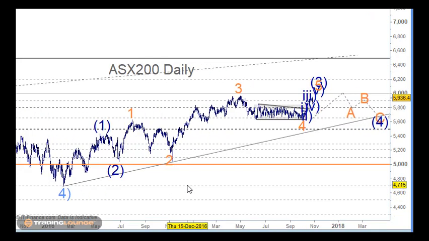So wave 4 here, and I've got wave 1 here because of 1 and 2 here, and then 3 and 4 here, and then 5 here. We do have overlapping wave structures here, so that's the only real problem with this.